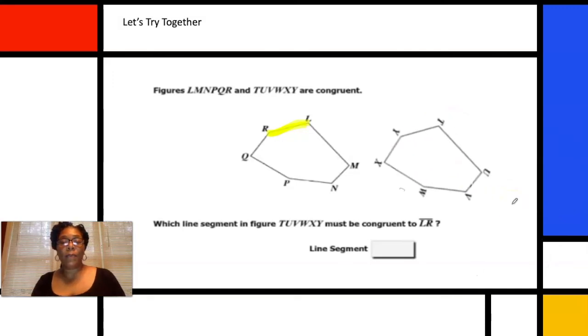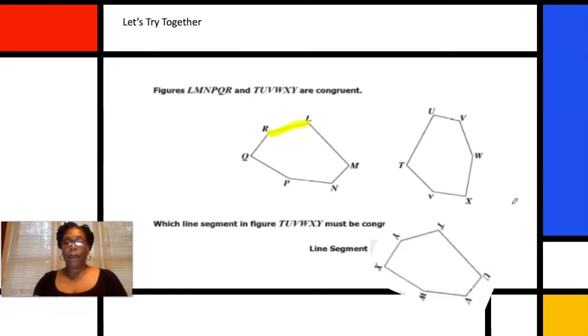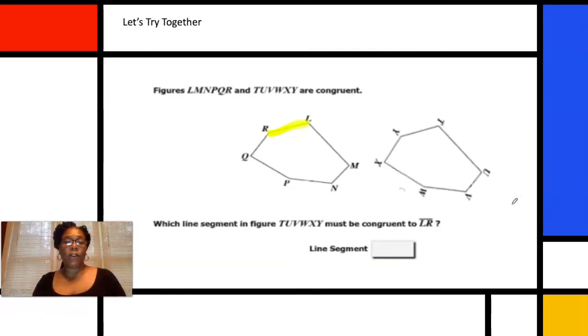Now it's in the same position. So let me do that one more time. That's the original position, and that's the position when it's turned. Now, can you see how easy it is to determine which one corresponds to line segment LR? This one, TY, and remember the order matters.